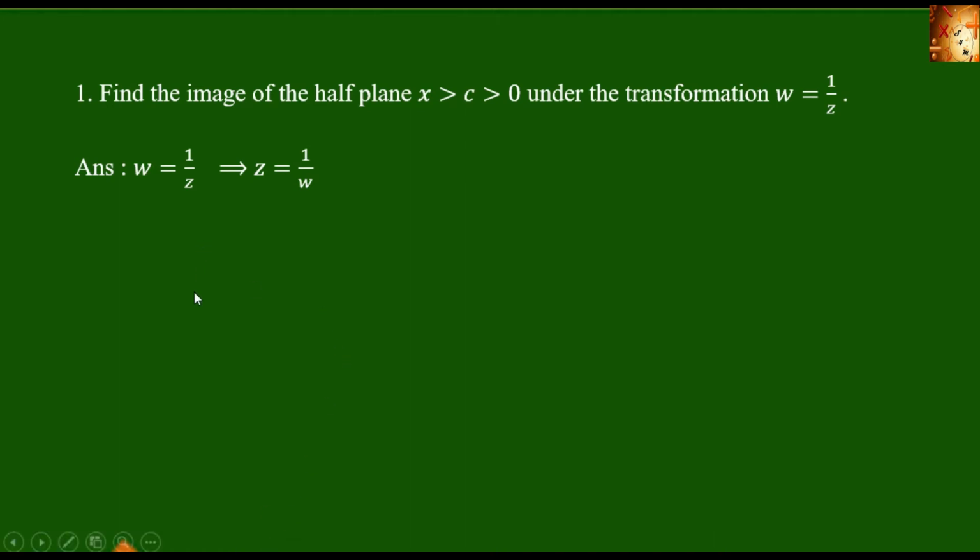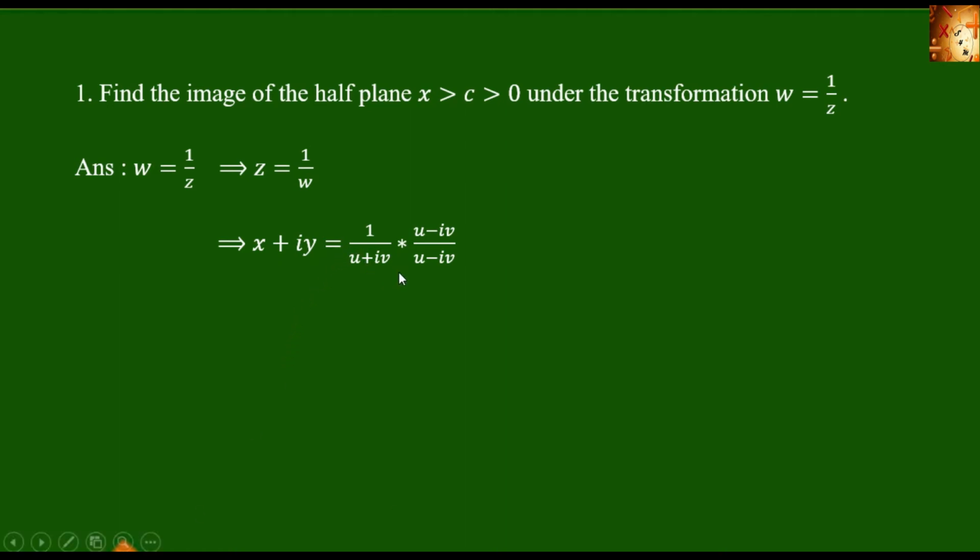Then substitute Z equal to x plus iy and W equal to u plus iv. Therefore this becomes x plus iy equal to 1 by u plus iv. Here in the denominator there is a complex number, so we are going to multiply the numerator and denominator by the conjugate of the denominator, that is u minus iv.